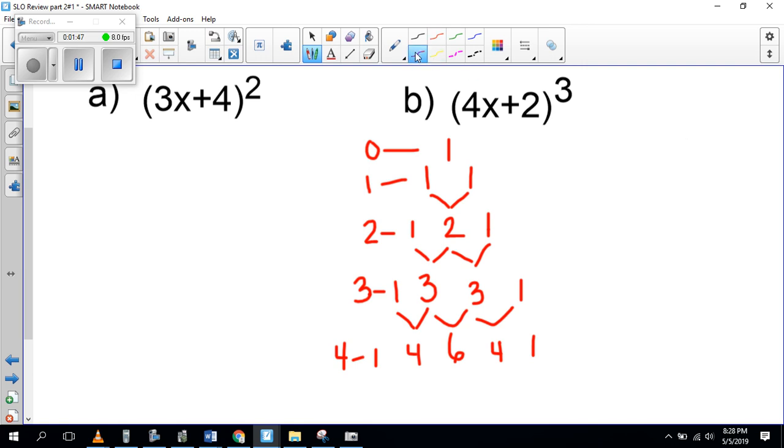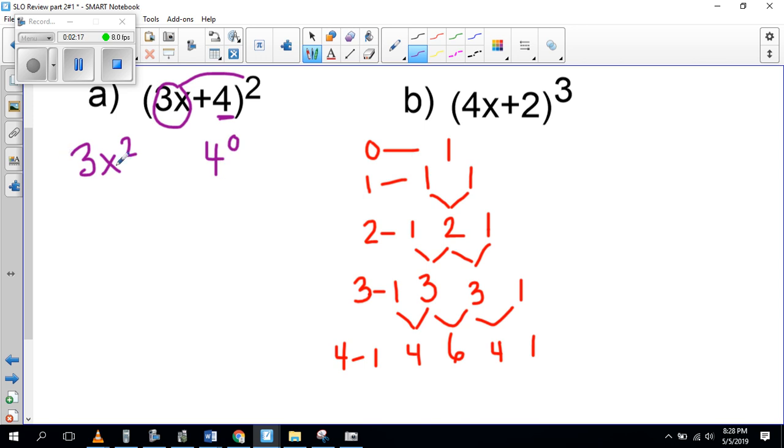Okay, so the first thing we got to do, we got to write out our 3x and our 4. So remember, the first number, which is the 3x, the first term, it gets all of them. Okay? And then the second term, the 4, he gets none of them. So the 4 is actually going to increase until he gets all of it.